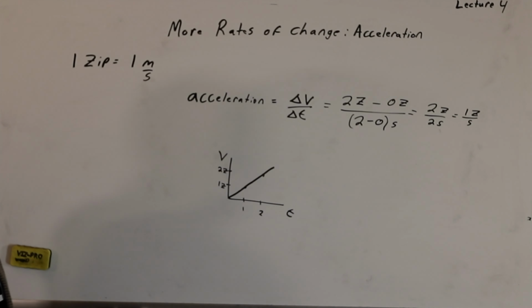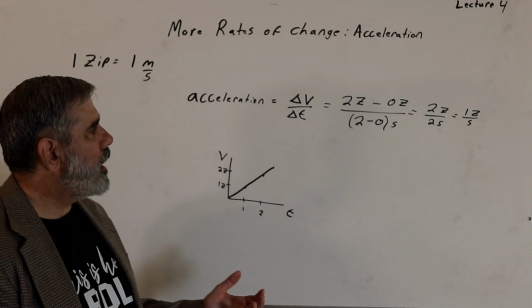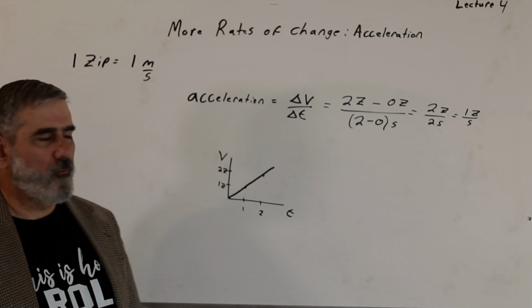So that's our rate of change, or our acceleration, which means that every second we are attaining 1 more zip than we had before.